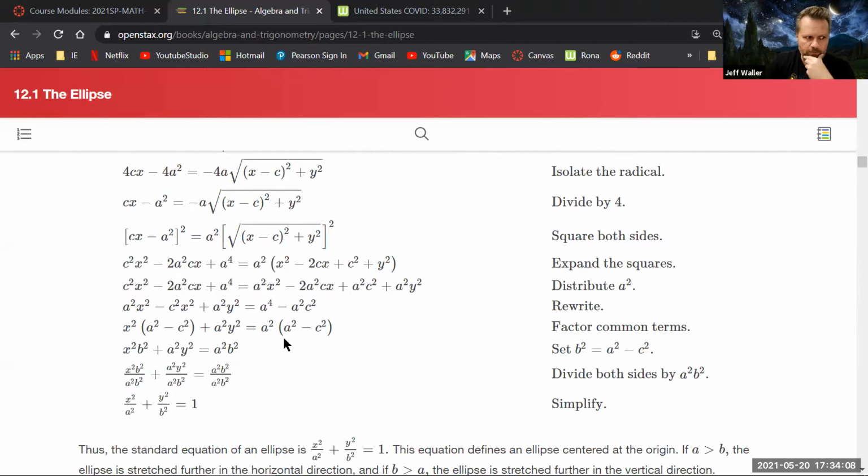Right here, they make the decision to call a squared minus c squared, they call it b squared. And that is where the formula for the foci comes in. If you add c squared and subtract b squared, there it is. There's c squared equals a squared minus b squared. That's the formula for the foci.